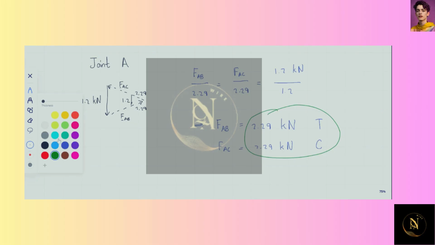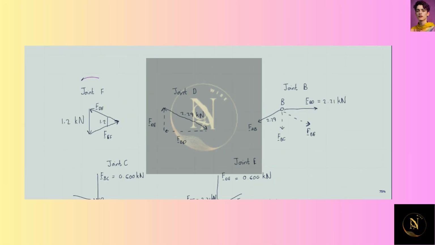Now we'll look at the free body diagram of joint F. So we're looking at the first free body diagram that we've drawn here. For joint F, we have the force FDF over 2.29 is equal to FEF over 2.29, and this is 1.2 kilonewtons over 1.2.